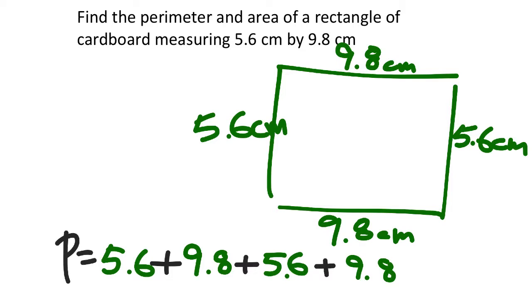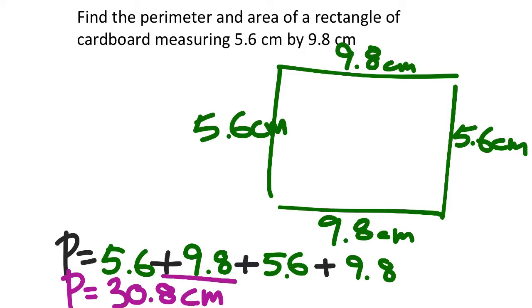Like it kind of glitched on me there. 30.8. So my perimeter for this problem is 30.8. Now, the perimeter is not 30.8, you guys. And no, this is not a trick question. I'm not even trying to trick you guys. I just want you guys to remember that since this is a word problem, just need to label it, that's all. So I got the perimeter right there.